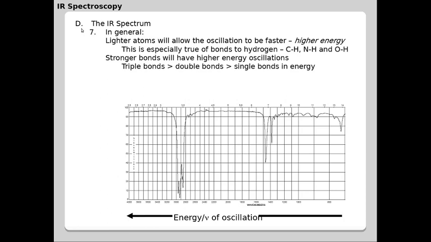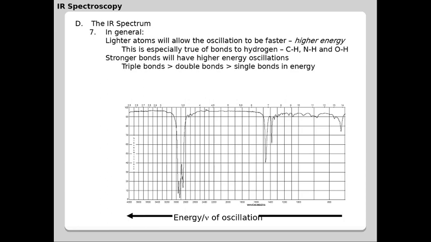So why are we interested in taking the IR spectrum of organic molecules? Because these bond vibrations are actually influenced by the type of bonding between the nuclei that forms a covalent bond, and the nature of the nuclei, whether one of the nuclei is more electronegative compared to the other nuclei that forms a chemical bond with it, or one of the nuclei is heavier compared to the other nuclei.